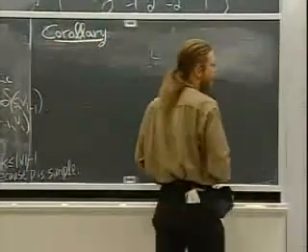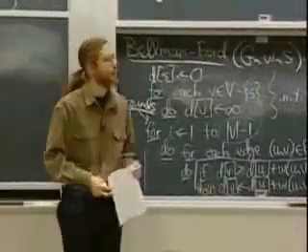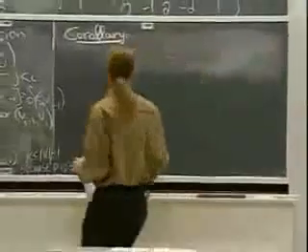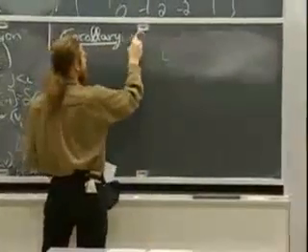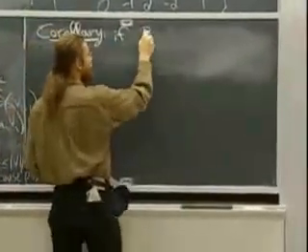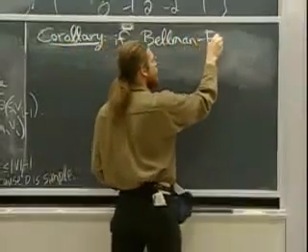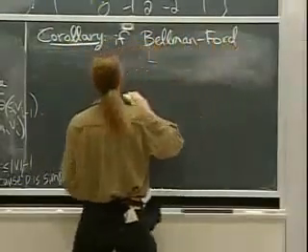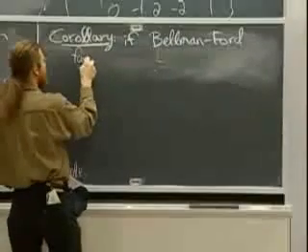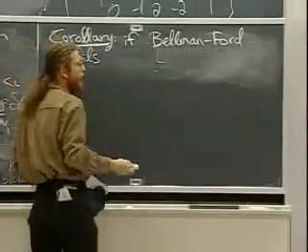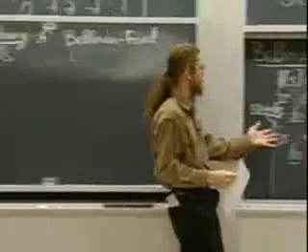Okay, a consequence of this theorem or of this proof is that if Bellman-Ford fails to converge, and that's what the algorithm is checking, is whether this relaxation still requires work after these v minus 1 steps, right?